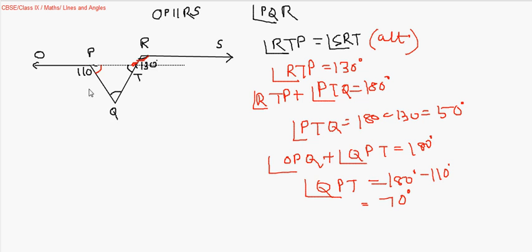We know that the sum of all the angles of a triangle makes 180 degrees, so 70 plus 50 is 120. So PQR will be 60, that is 180 minus 120.